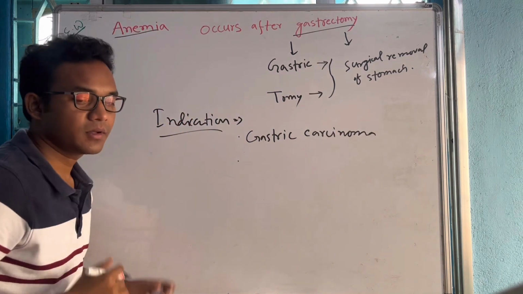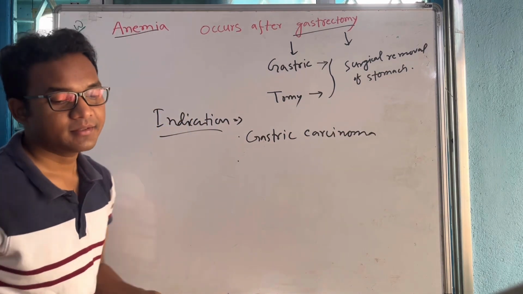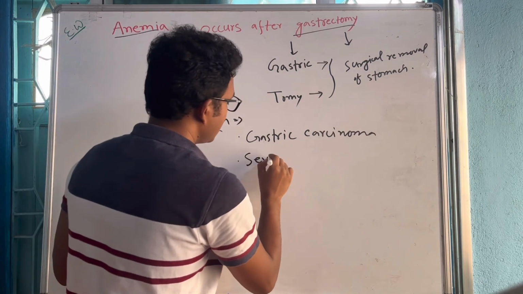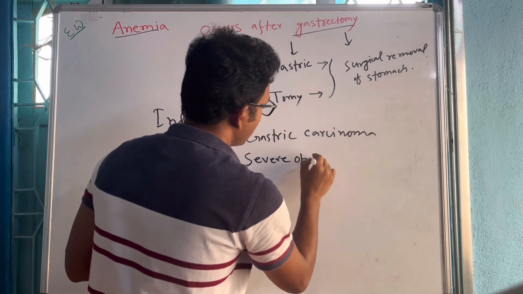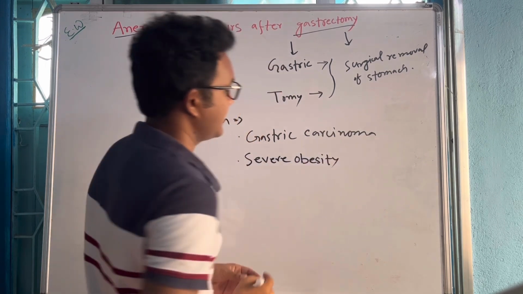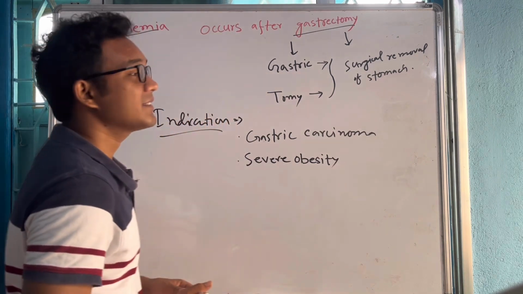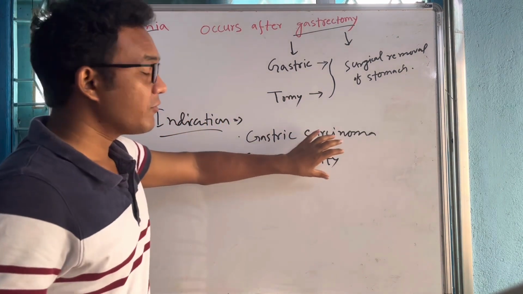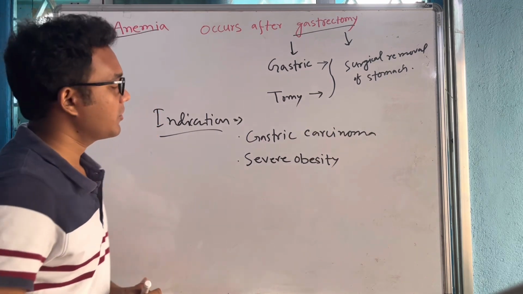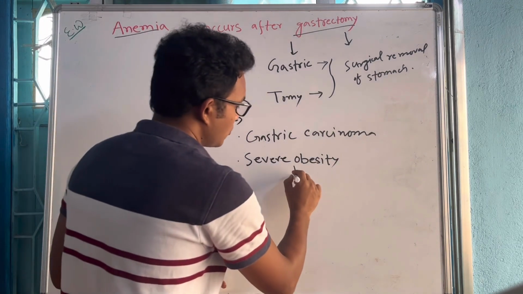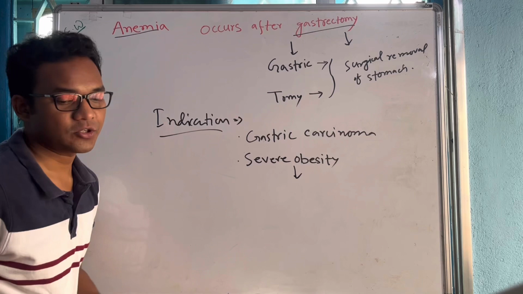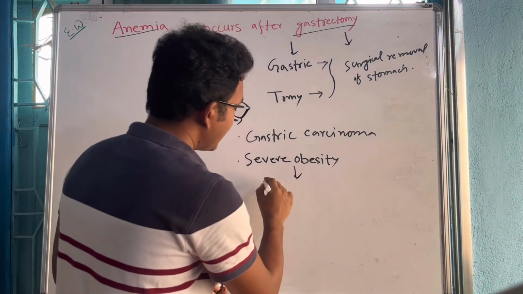Nowadays another is getting popular, that is when the patient has severe obesity. So when the patient has severe obesity, generally the doctor advises him to go for gastrectomy, which is known as bariatric surgery.